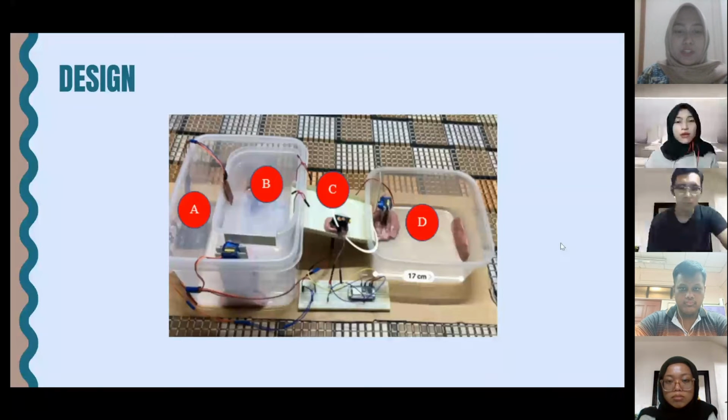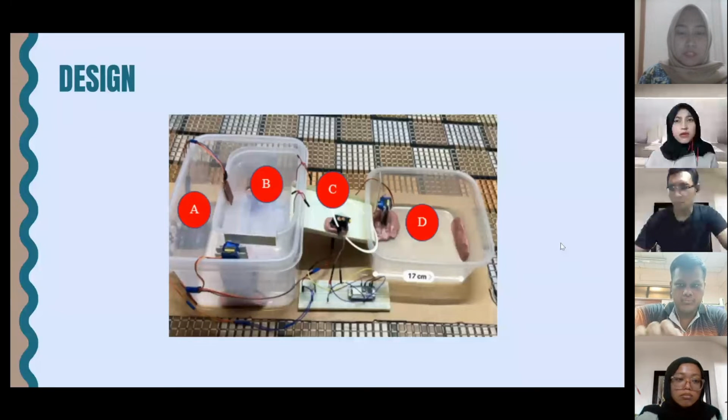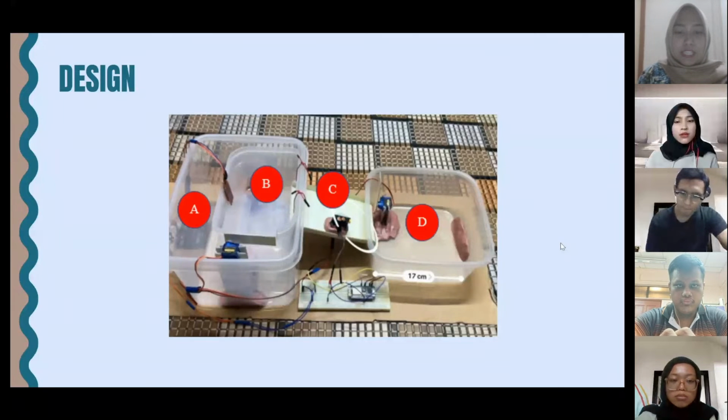Material used for A, B, C, and D is plastic storage as it is suitable for large water capacity. The water slide used to flow the overflow water is made of plastic to avoid the water from leaking. Modeling clay is used to statically stand the electronic components and to avoid water from leaking outside the water storage.